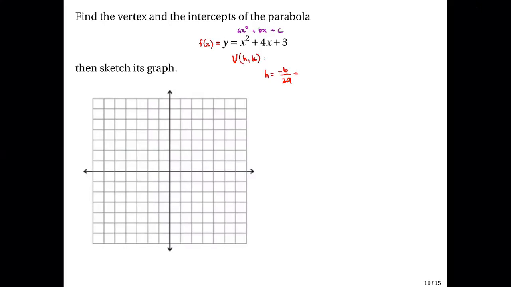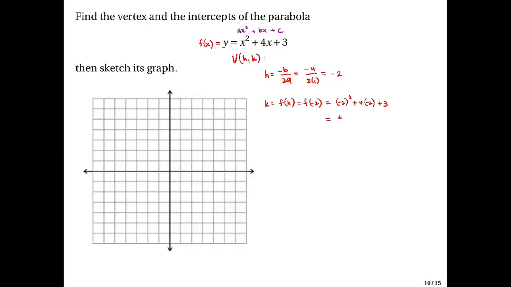So we'll be able to find h to be negative 4 all over 2 times 1. 2 times 1 is just 2. So this is equal to negative 2. Okay? And then for k, this is equal to f of h, or this is equal to f of negative 2, which means we'll just have negative 2 squared plus 4 times negative 2 plus 3.